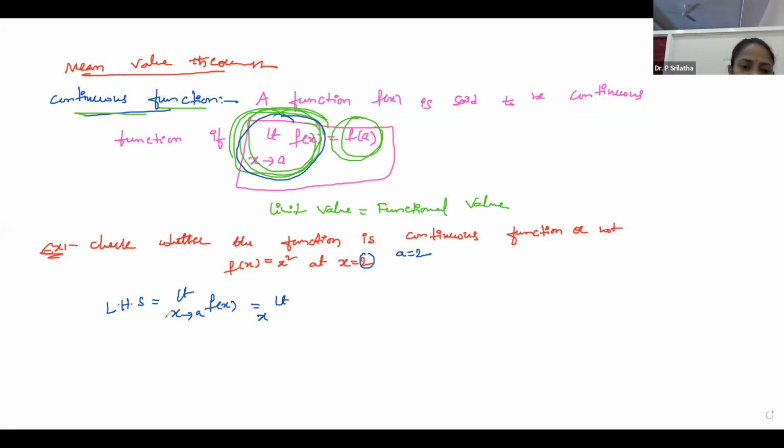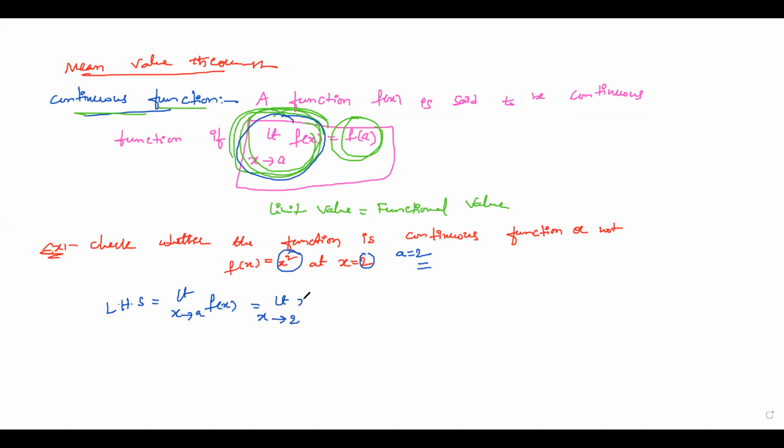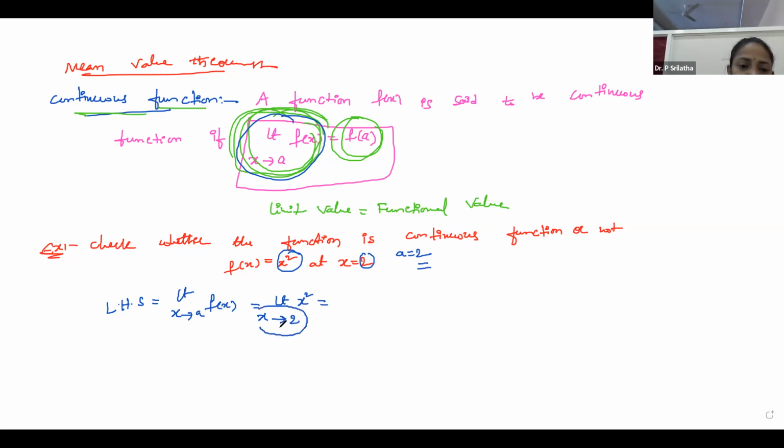So instead of a, we have to write 2. So limit x tends to 2. What is f of x here? f of x is x square. So limit x tends to 2 of x square means instead of x we have to substitute 2, that is 2 square. 2 square is nothing but 4. So here LHS equals 4.